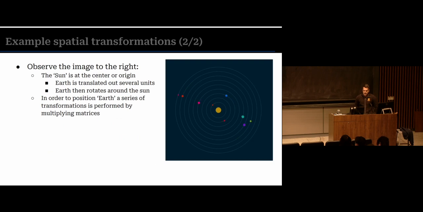All right, here's some other examples. Here's a little solar system. And again, we just want to think about how do we perform these transformations? How do we get stuff to move around nicely? Going back to our previous lectures, if I have the sun and I want the Earth to rotate around the sun, I basically got to translate it out. I can figure that out pretty easily by the X and the Y position, but the rotation would be a little bit more tricky, and that's why we had things like polar coordinates.